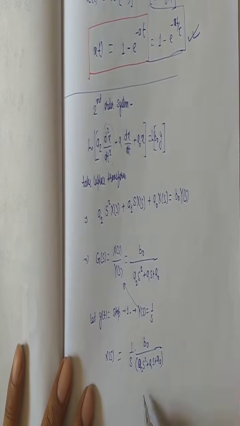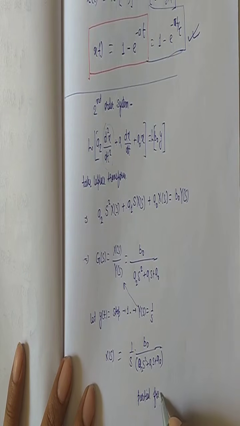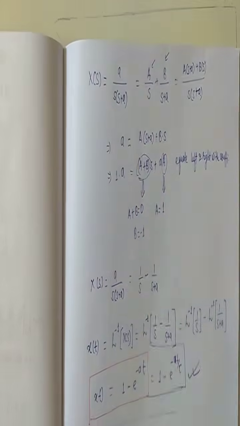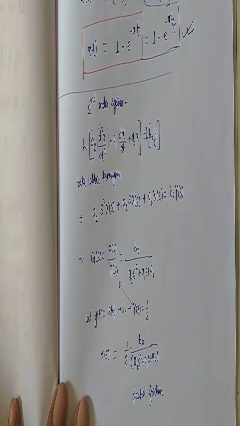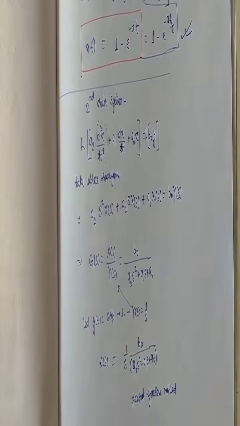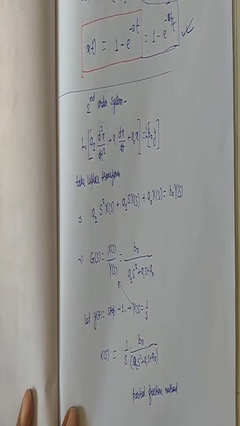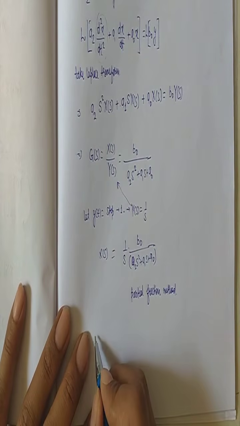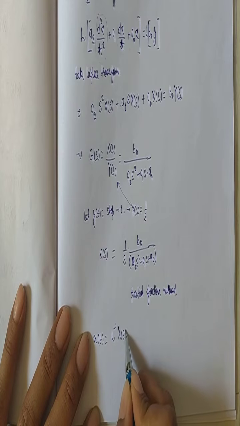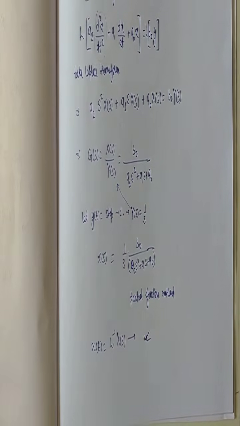In similar fashion, if you do the partial fraction method the way we did here, you'll get the desired solution. Once you get the partial fractions, you can transform back to the time domain x(t) by taking inverse Laplace of whatever X(s) you got, and you will get the desired solution.